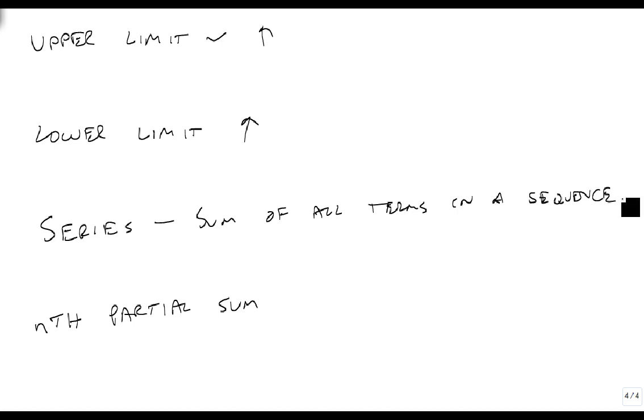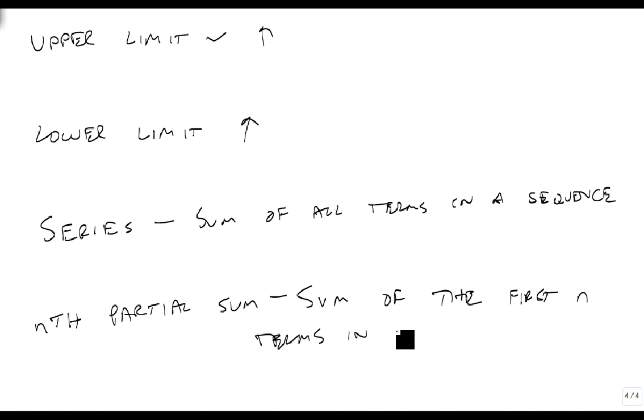And then the nth partial sum is the sum of the first n terms in a sequence. So a series is specifically when we start summing together the sequence, and a sequence is just a list of numbers. But these are all the definitions that you need to know.